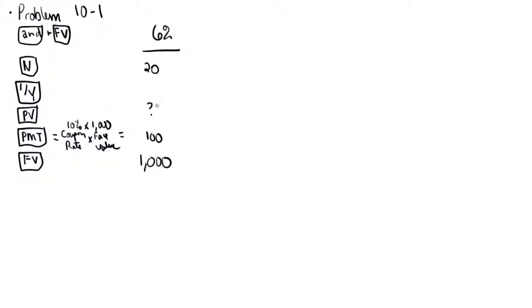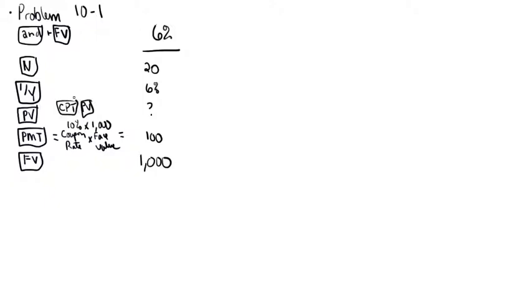That's the current value or the present value of the bond at 6% interest. So 6% is actually going to be the rate we'll use here in our formula and in our calculations. So let's go ahead. We're going to remember to compute present value after we put everything into our calculator.